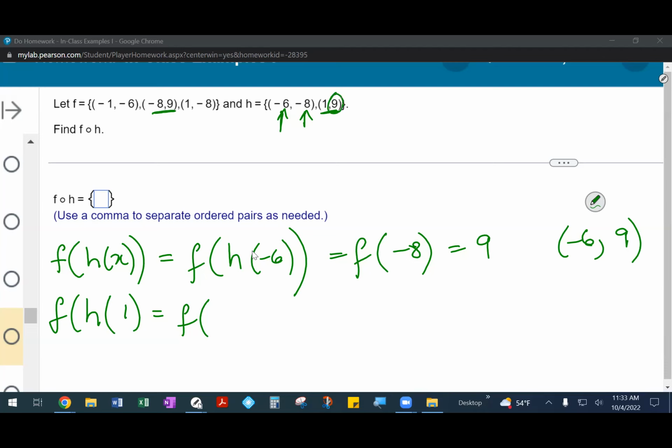Just 9. Oh, 9. And then you go back. Yeah, very nice, Maria. Go back to the f function, and what do you have for f of 9? So you have to look at your x values.